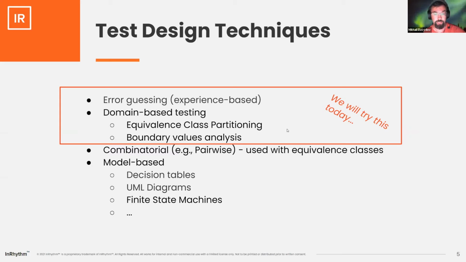So one way of identifying those domains is to look into individual variables and try to identify the boundaries. So edge cases. For instance, if you have some number that is supposed to be positive, the obvious edge case will be 0. You will also try negative to see that it is not accepted.